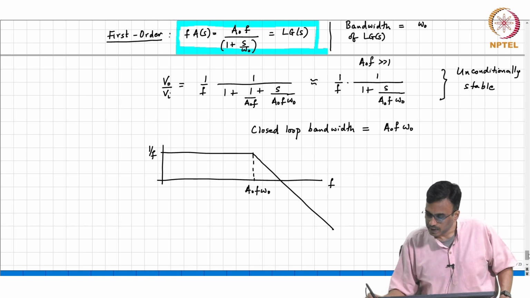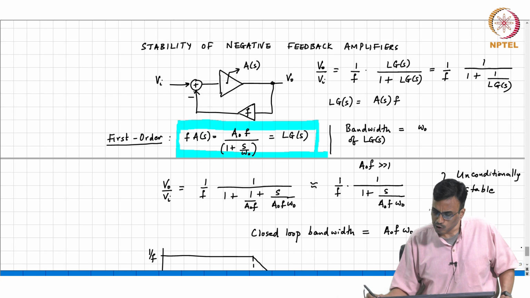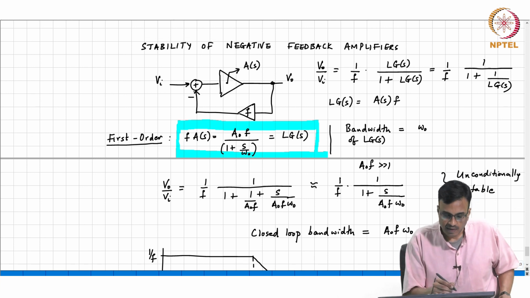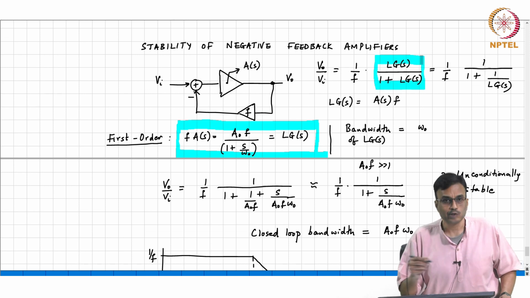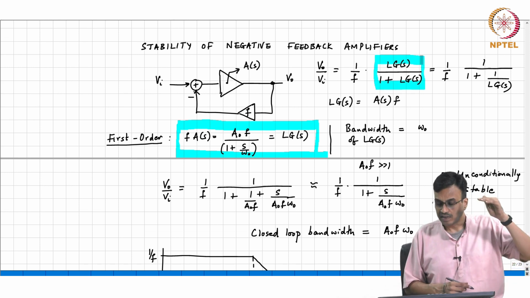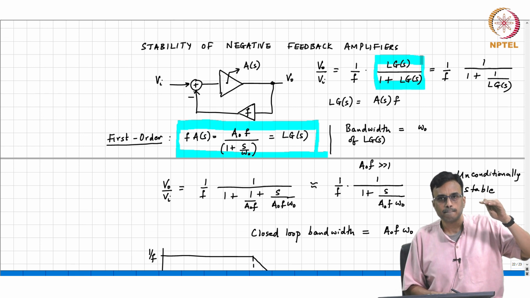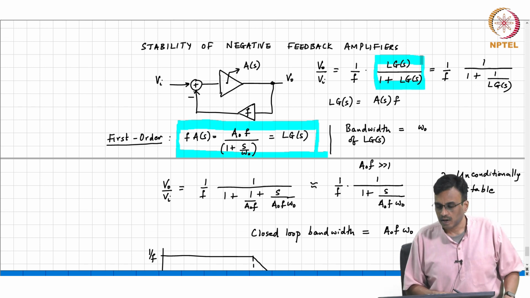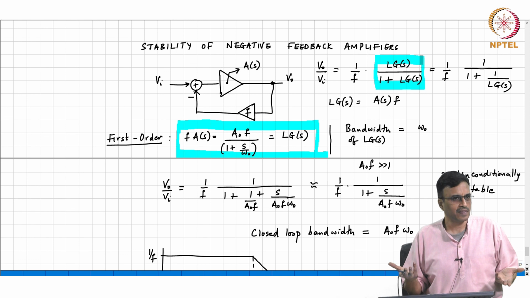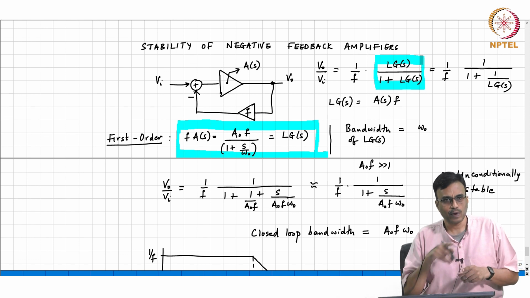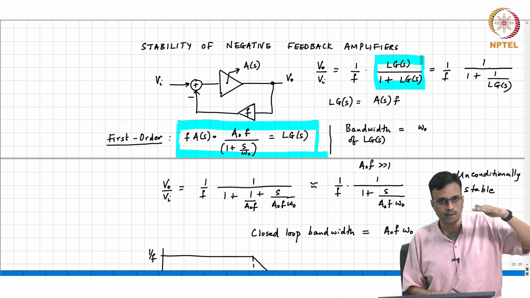Okay. So basically notice that the closed loop gain is loop gain by 1 plus loop gain. And what is the loop gain at DC? A naught F, right? And what is 1 plus loop gain? 1 plus A naught F. So loop gain by 1 plus loop gain at DC is almost 1, right?